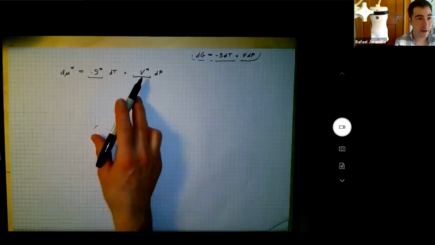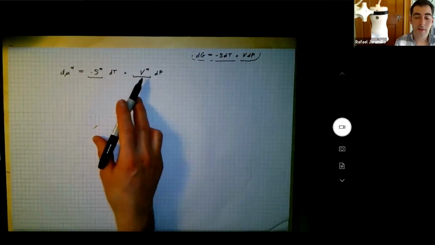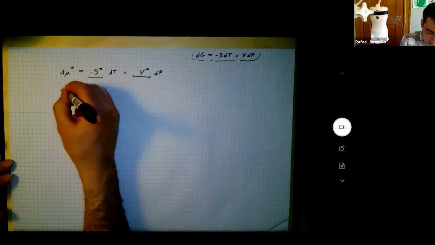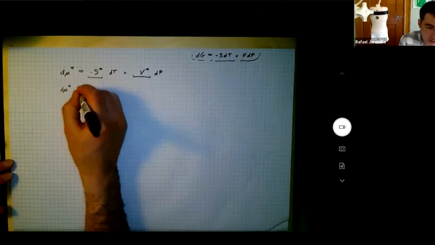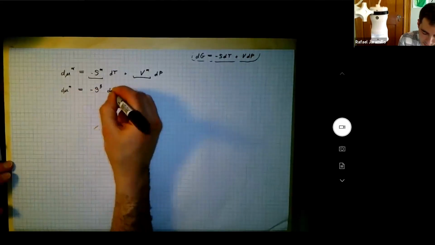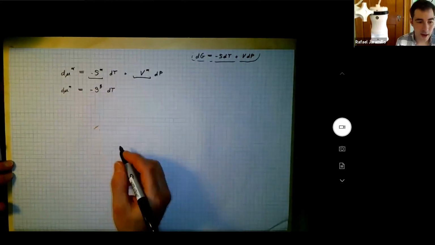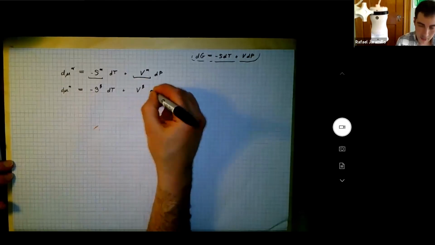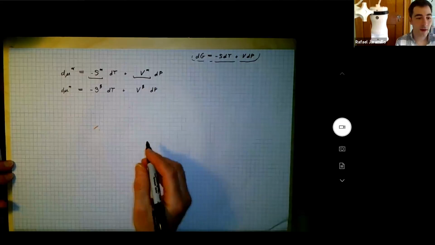Because now I have a heterogeneous system, multiple phases, so I have to keep track of the phase labels. Okay, so thank you for that. I didn't see which rectangle answered that question, but thank you for that. And likewise, we have for beta. Okay, so this is true, right, for alpha and beta phase.